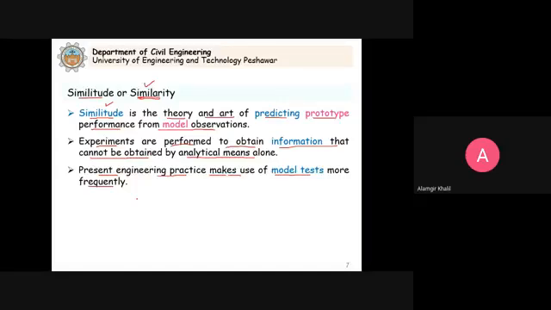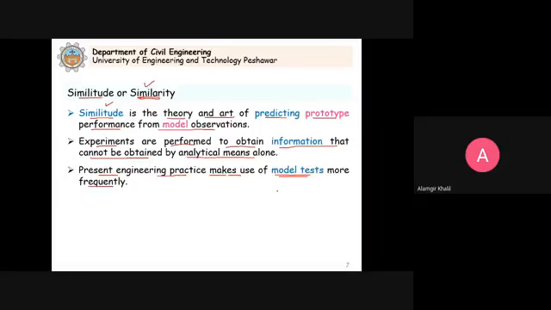You saw the video of a small boat, naval architecture. So the present engineering practice is that we are frequently conducting tests on models, and then we evaluate the performance of the prototype, the actual structures, the full-scale device. Clear?